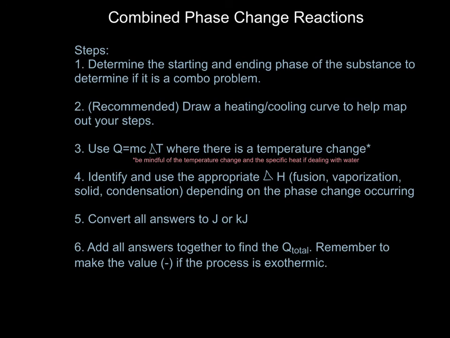If dealing with water, water has a different specific heat for each of its phases: solid, liquid, and gas. For step 4, identify and use the appropriate delta H, either your fusion, vaporization, sublimation, or condensation, depending on the phase change occurring. Then convert all of your answers to joules or kilojoules so that for number 6, you can add all your answers together to find the Q total.